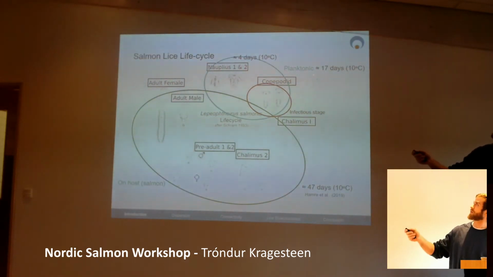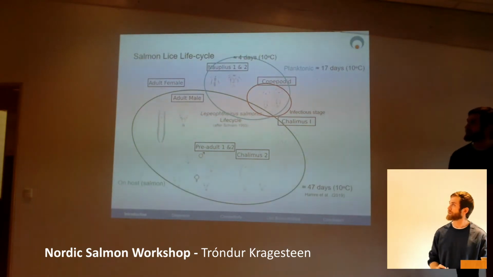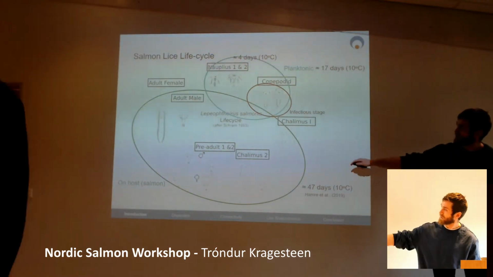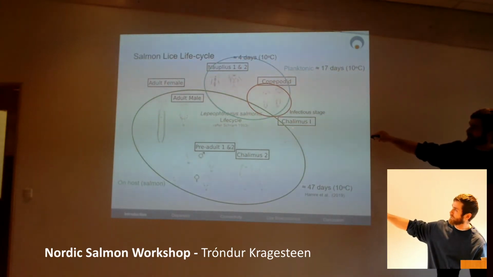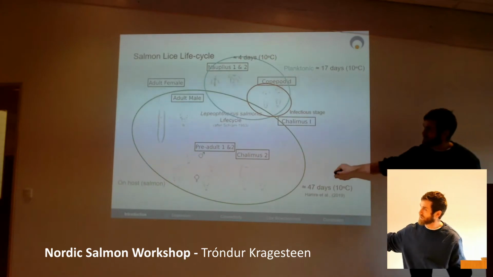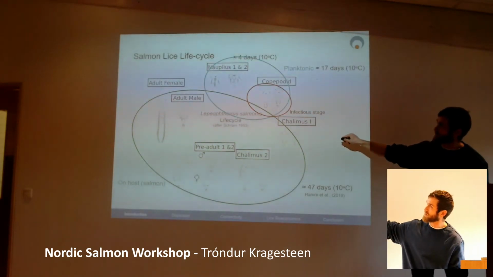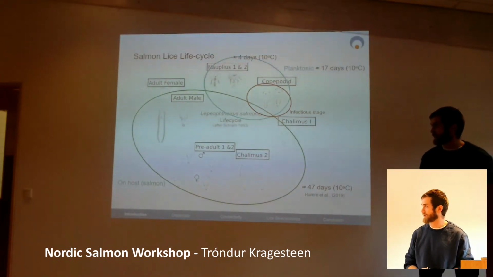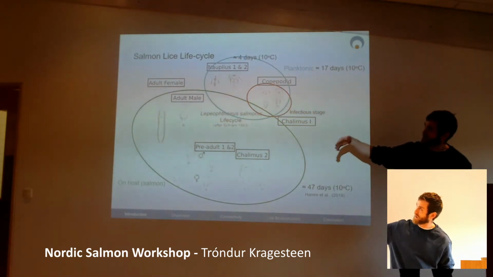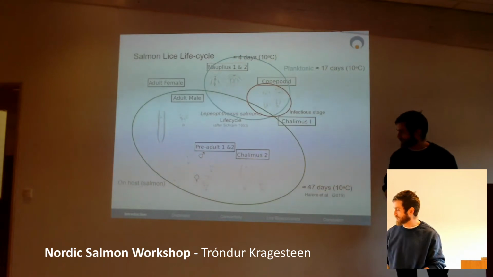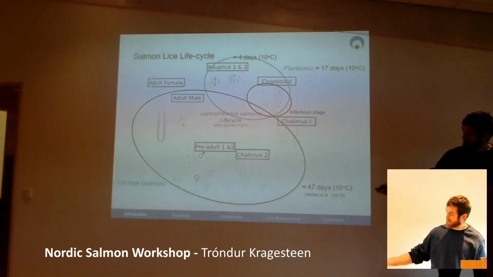So they have around 17 days at 10 degrees water to find a new host in the environment. When they attach to the host, they molt to chalimus 1 and go through these 5 stages and become adult female or male. From attachment until they can produce again as a female takes around 47 days at 10 degrees water.